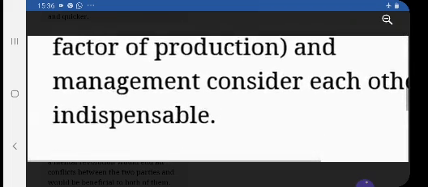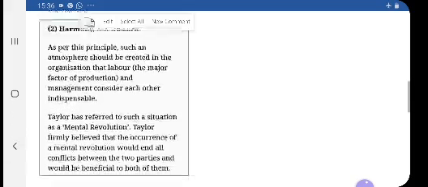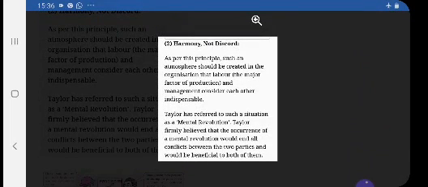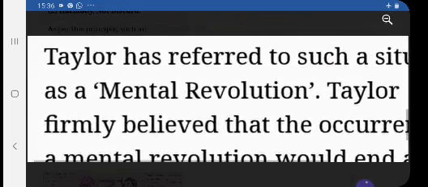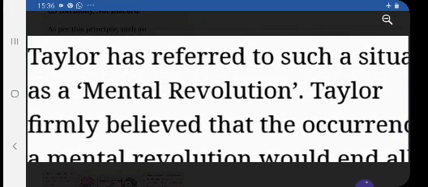So both are interdependent on each other, and both of them should be given equal importance. As Taylor has referred to such a situation as a mental revolution.